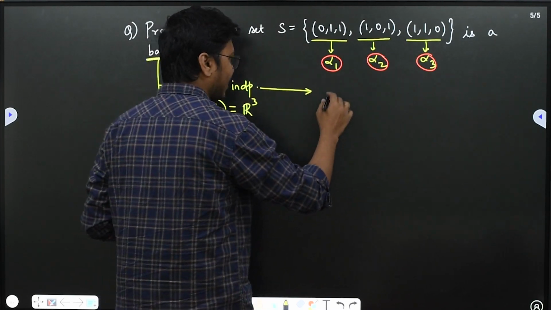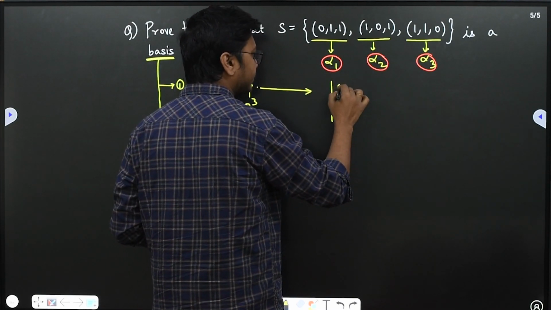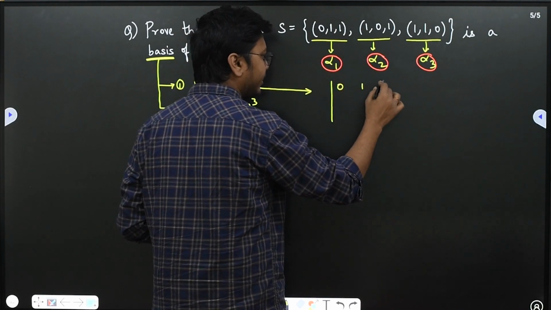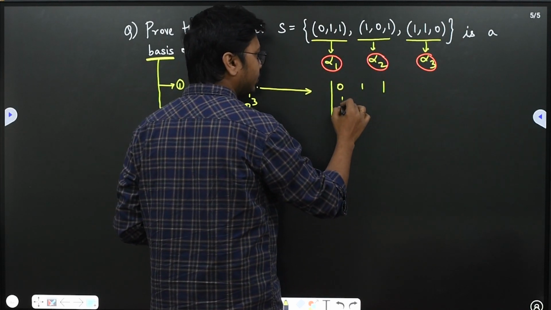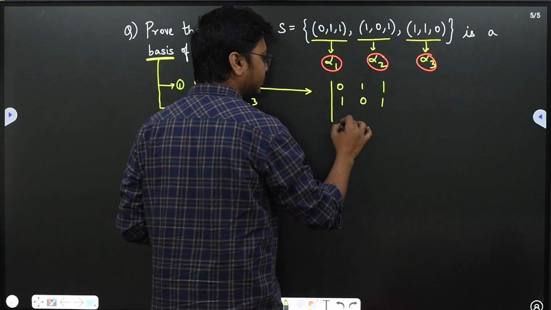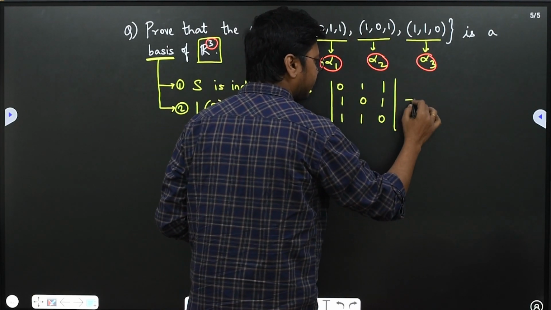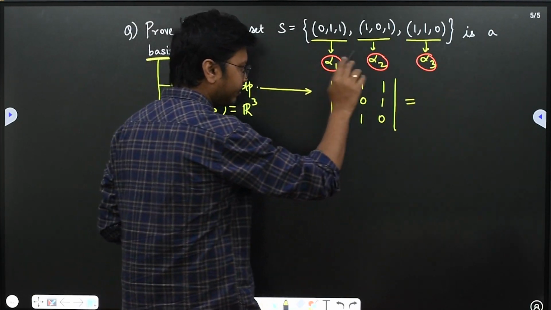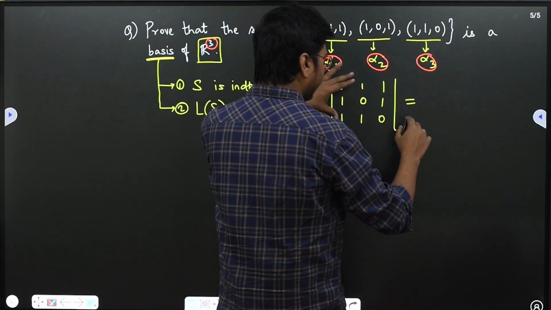So I'll just take the determinant of the elements. Alpha 1 is 0, 1, 1, alpha 2 is 1, 0, 1, and alpha 3 is 1, 1, 0. Let me calculate the determinant quickly over here.